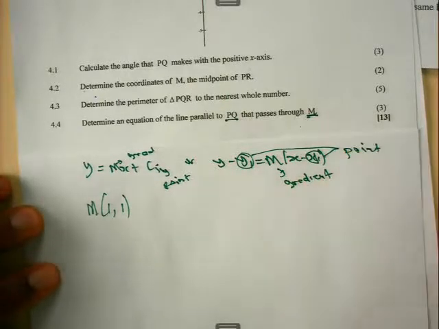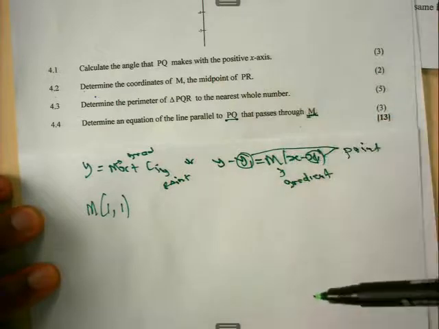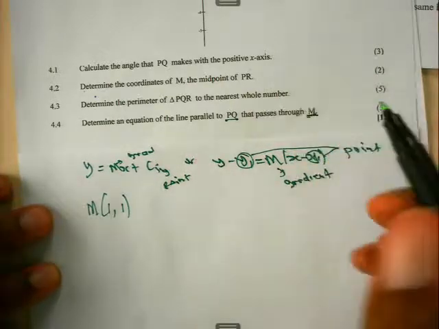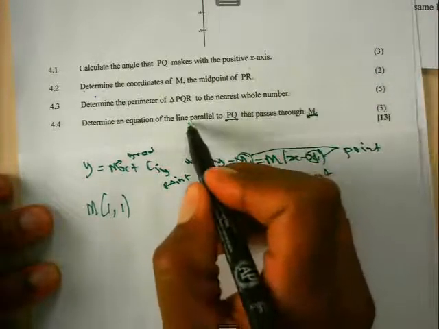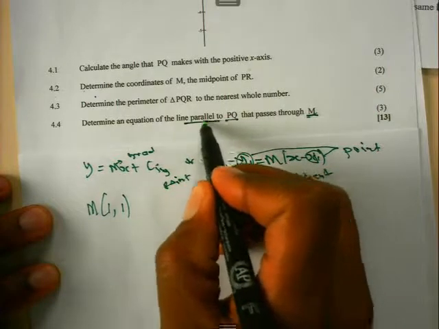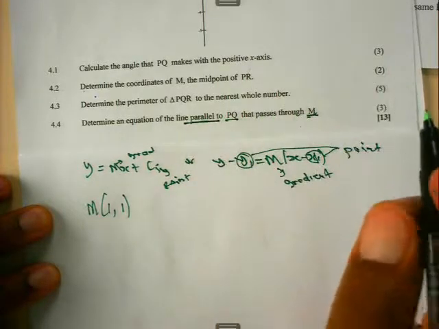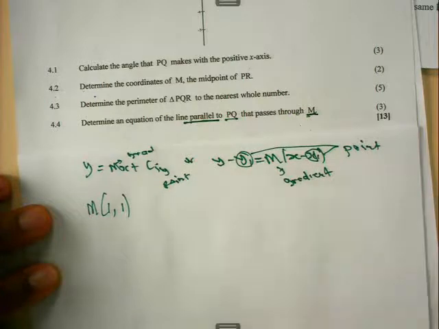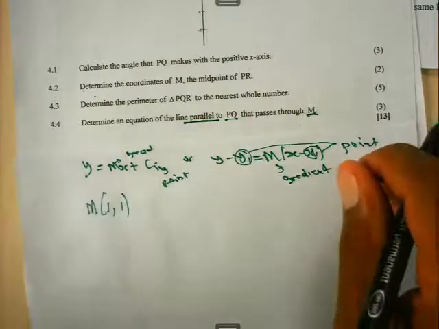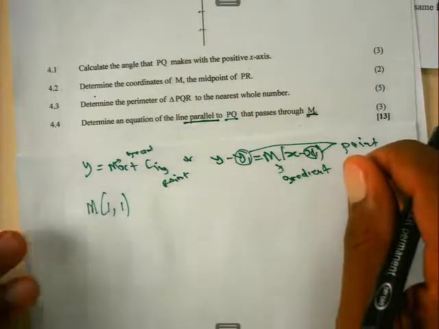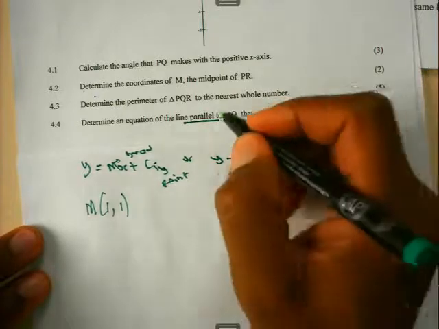Right, boys and girls, now how do we determine the equation? Now, this is very important. We are told this line is parallel to PQ. Remember, I've mentioned, always remember that for you to have the gradient, you must have the 2 points.